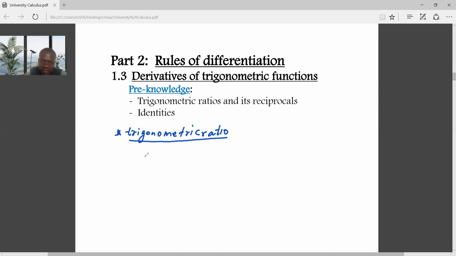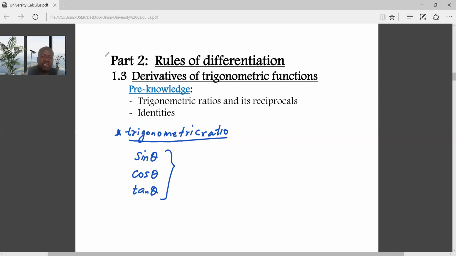We know that sine of theta, I'll just use theta, and the cos of theta and tan of theta. These are the three trigonometric ratios that you need to be able to understand. We call them ratios because they can be written in the form of a fraction, numerator and denominator.